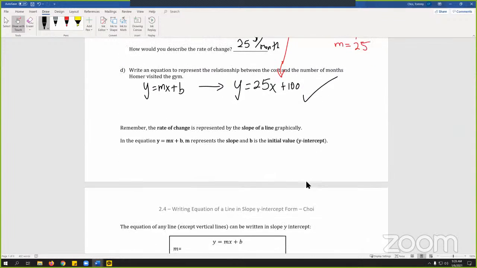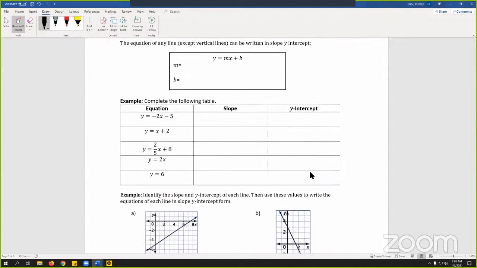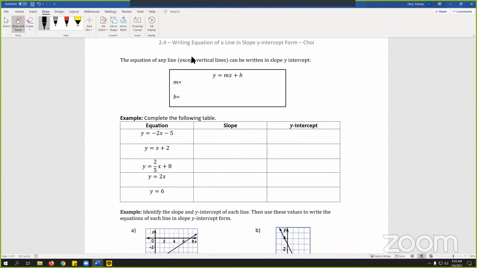Now, continuing on here. So once again, the m is the slope slash rate of change. Well, this is the y-intercept slash initial value.